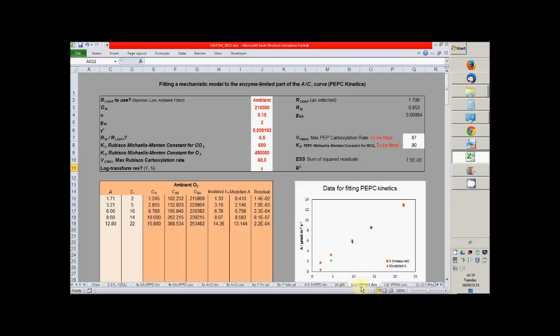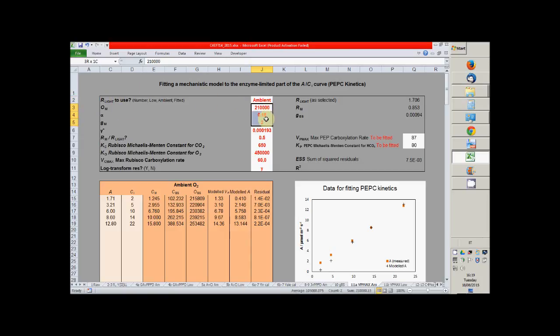Sheet 11A fits a mechanistic model of C4 photosynthesis to the initial part of the ACI curve. Here are copied those data points which were assigned the limitation 1 and 2. A few things need to be specified. First, what respiration in the light to use.